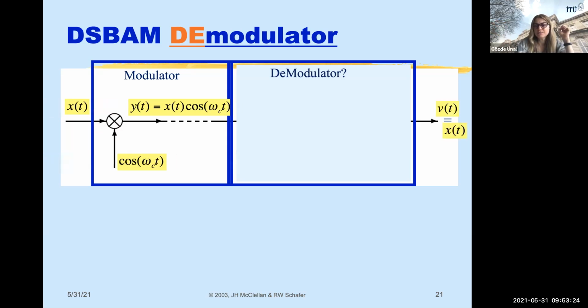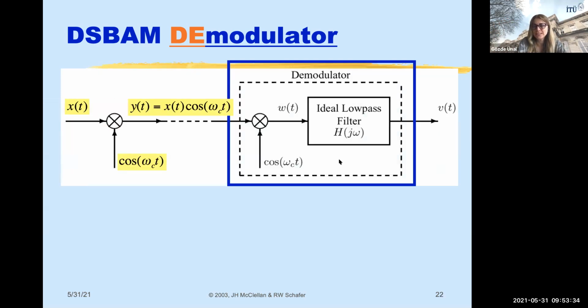I need to bring back the spectrum from plus minus omega c back to 0. So I need another multiplier by cosine. This would be the form of the demodulator. I want to multiply the incoming signal by another carrier signal, of course the same carrier with the same frequency, this cosine signal, and pass it through a low pass filter to get rid of unwanted spectra at higher frequencies.